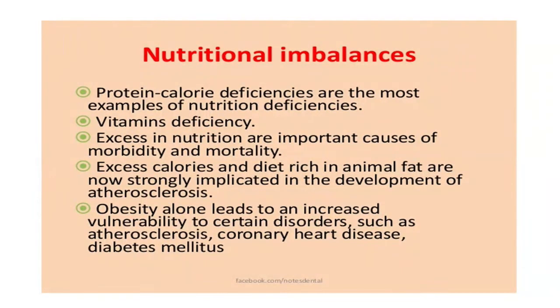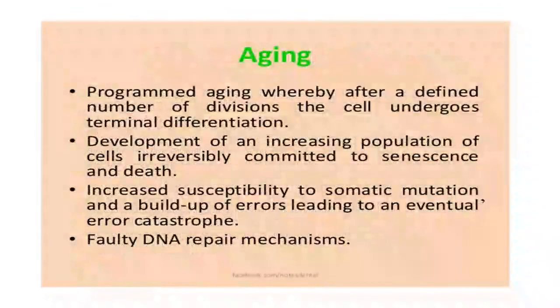Excess calories and diets rich in animal fat are now strongly implicated in the development of atherosclerosis. Obesity alone leads to an increased vulnerability to certain disorders such as atherosclerosis, coronary heart disease, and diabetes mellitus. So nutritional imbalances may cause all these things to injure a cell.